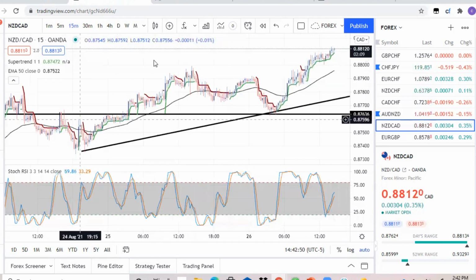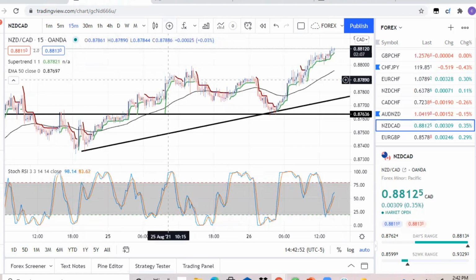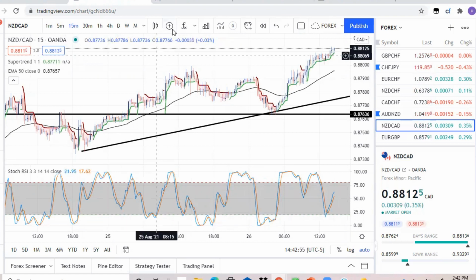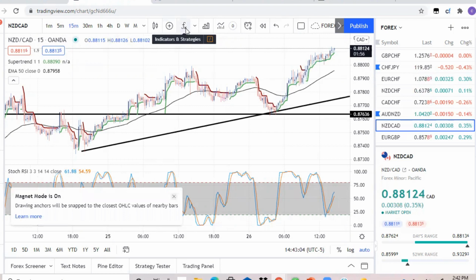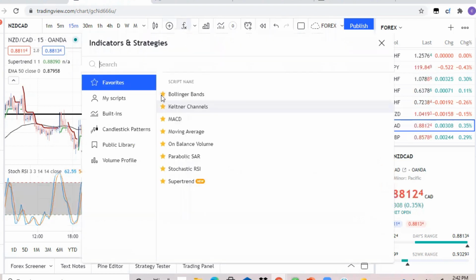However you choose to use it, right here you will have your indicators. This is what you will click on to add all your indicators whenever you are trying to add something on. You can also put a star by the indicators that you like to use the most. Whichever your choice is, that's how you're able to come here and search them up.